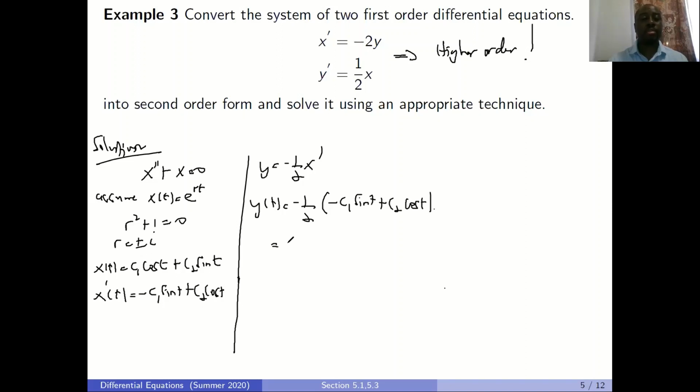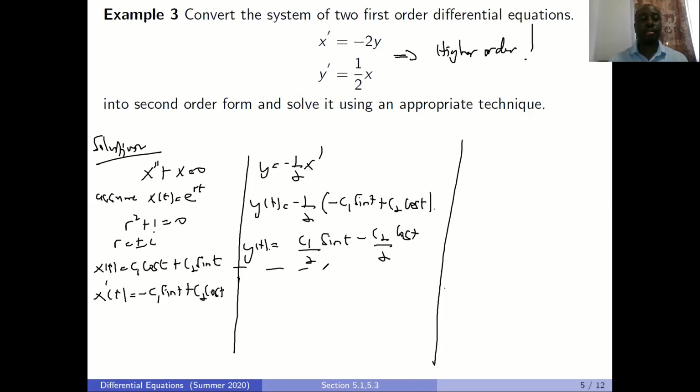That simplifies to minus c1 on 2 sine of t, sorry, plus c1 on 2 sine of t, and then we have minus c2 on 2 cosine of t. And that is my solution.